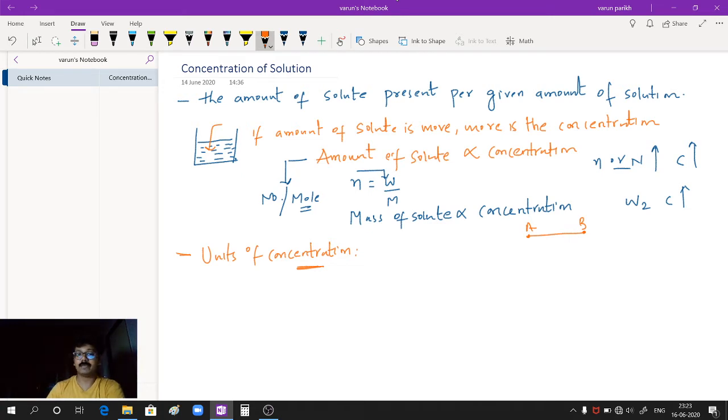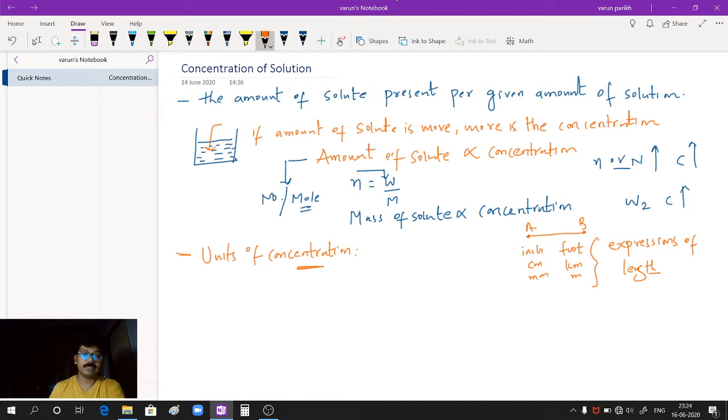I can represent it in inch, in centimeter, in millimeter. I can also represent it in foot or kilometer or in meter. Right? So what are these all? These are different expressions or units of length. Length can be expressed in these many units.